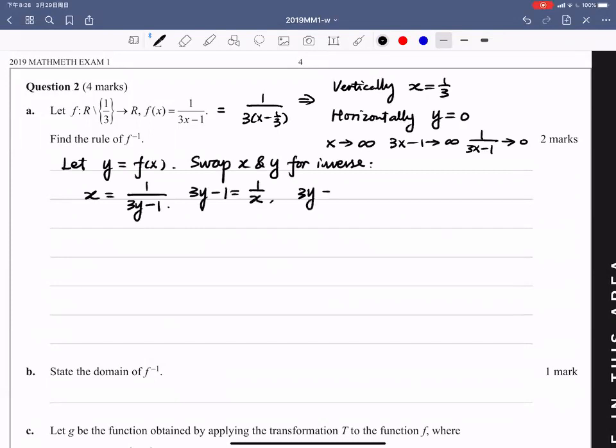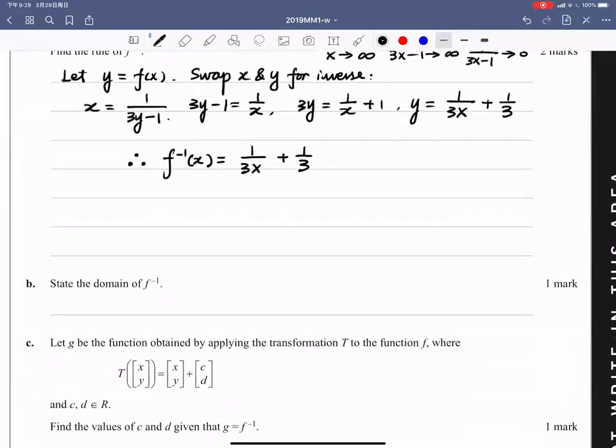And 3y equals 1 on x plus 1. So y equals 1 on 3x plus 1/3. Okay, now you just need to state the rule for f inverse. Therefore, f inverse of x will be 1 on 3x plus 1/3.